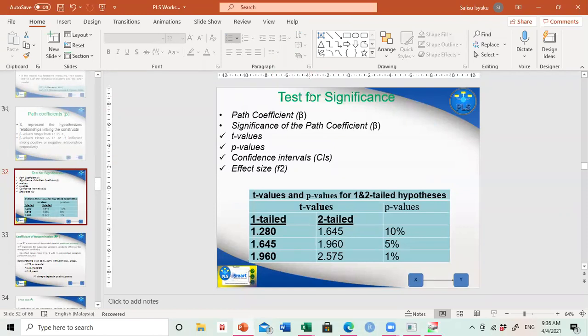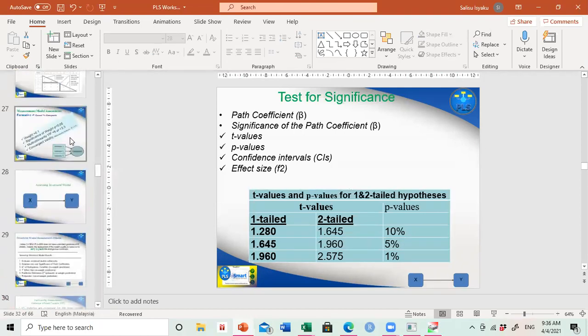It should have been done in a structural model, but because we just have to know the significance level of the weights, that's how we are going to do it. We expect the value to be greater than 1.64, or at least 5% significance.